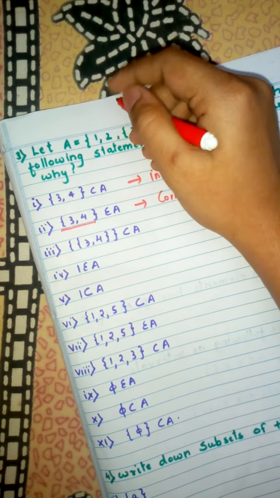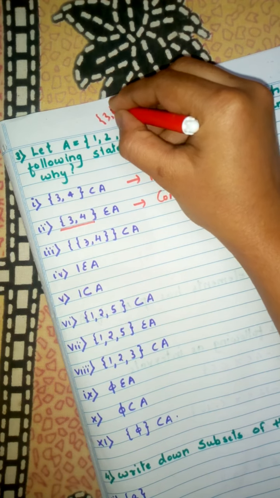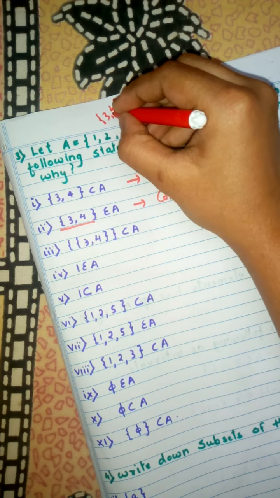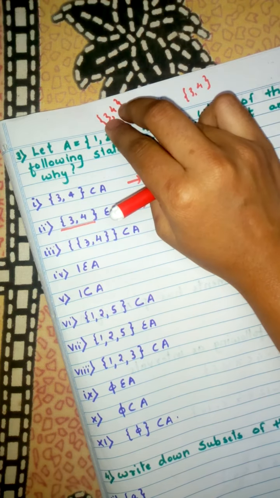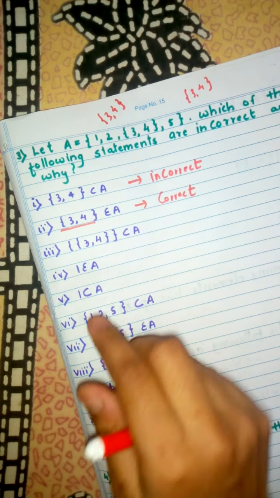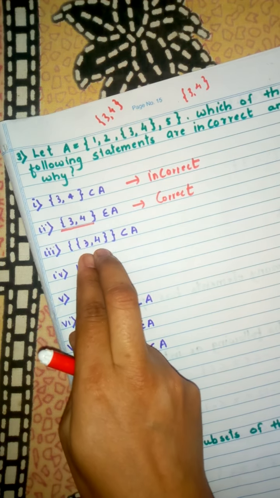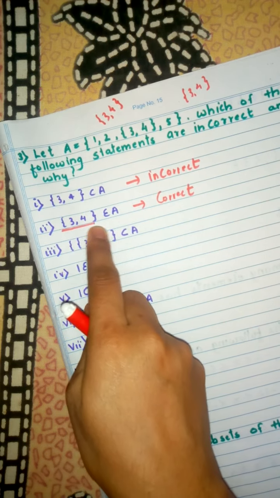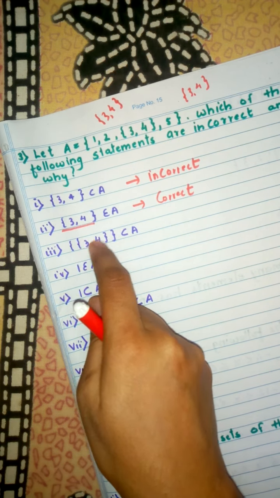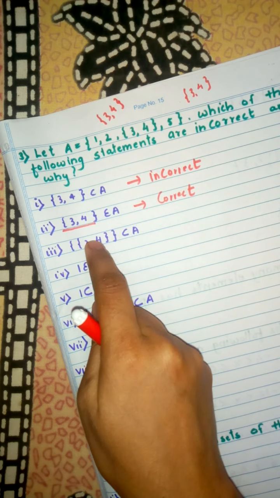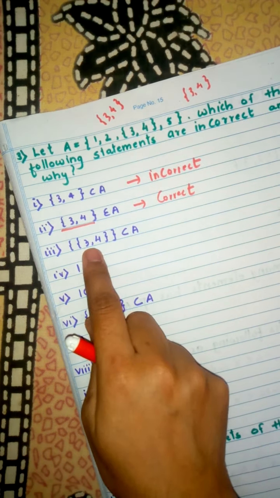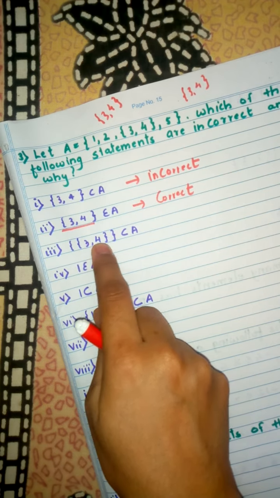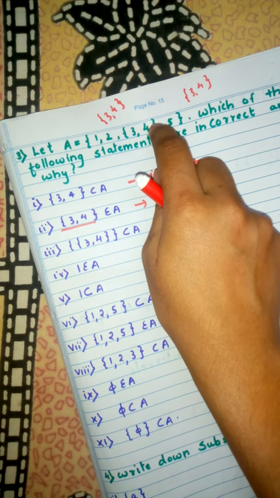When we are checking subsets, we check the elements between these curly braces. Here inside the curly braces we have one element, that is the set {3, 4}, and we can clearly see that this set as an element is there in A.